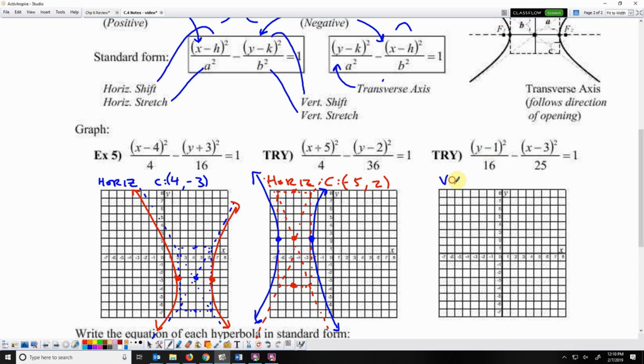This one is vertical because y is first. So my transverse axis this time is the y-axis. It will be vertical. So the center, I still have to get the first component from this x. The center is 3, 1. Over 3, up 1. There's my center. Then the horizontal stretch is 5. The vertical stretch is 4.